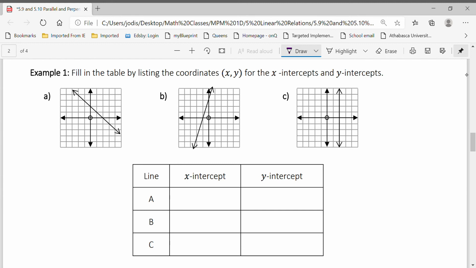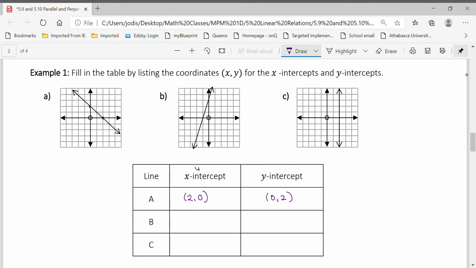So for an x-intercept, it's where it's crossing the x-axis, and in this case, y is always 0. So here we have, again, we're just going to assume that every line represents 1. So in this case, x is 2 and y is 0. For our y-intercept, again, up 2, so our x is 0 now, and y is 2.